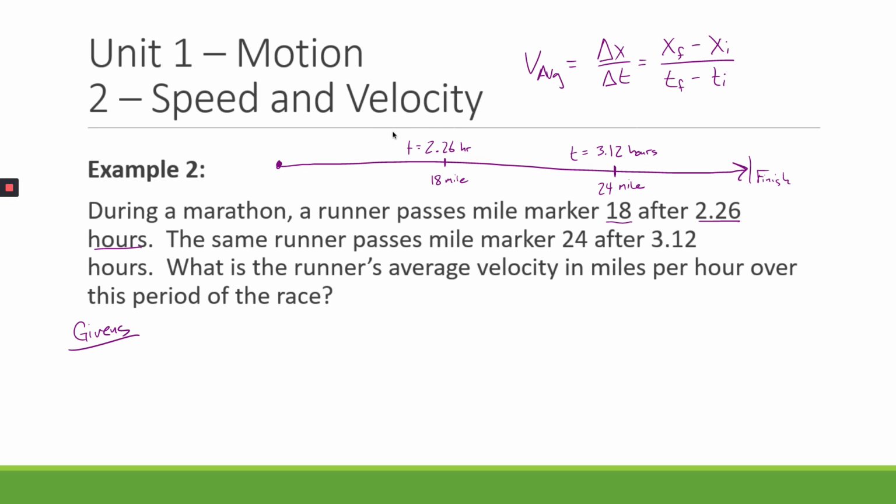So this is where our information started. So this is the initial time we are looking at the motion, and here's the final time we are looking at this motion. So that's our initial and final positions. So our x initial would be 18 miles, right?